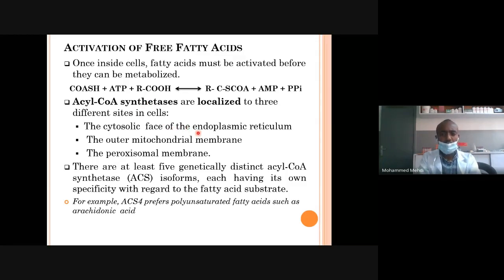The endoplasmic reticulum is very important to have this enzyme because the endogenous synthesis or modification of fatty acid occurs in the endoplasmic reticulum. The mitochondrial membrane has this enzyme because beta oxidation of fatty acid occurs in the mitochondria.